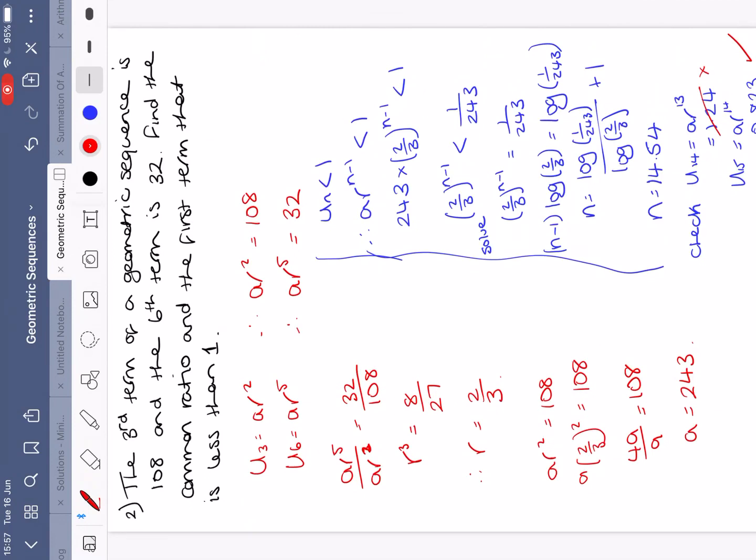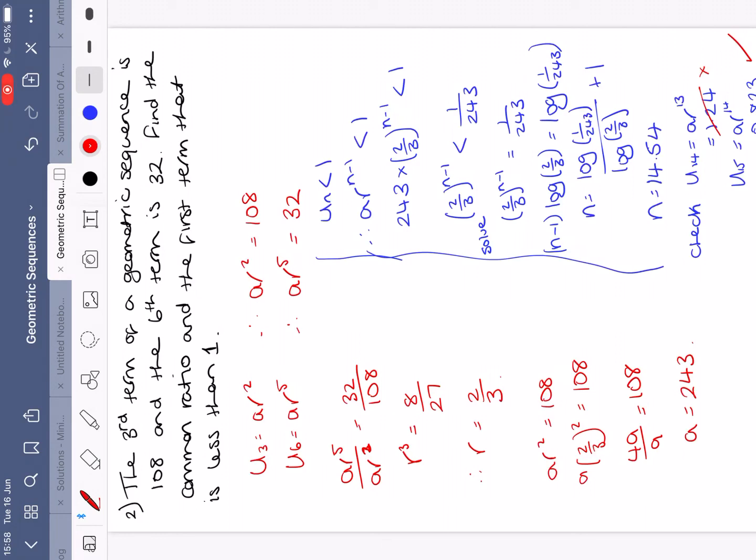Right, second one. Again, you're told the third and the sixth term. Dividing those, you get r cubed equals 8 over 27, so the common ratio is 2/3. Putting that into the first equation, your first term was 243. Again, you want the first term that is less than 1.